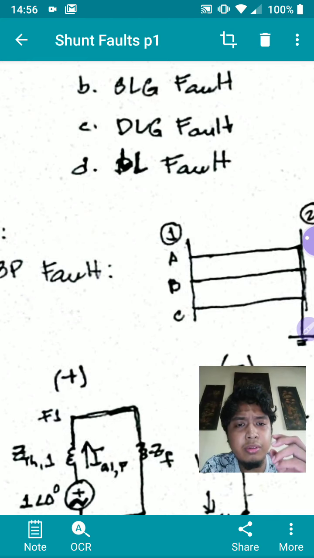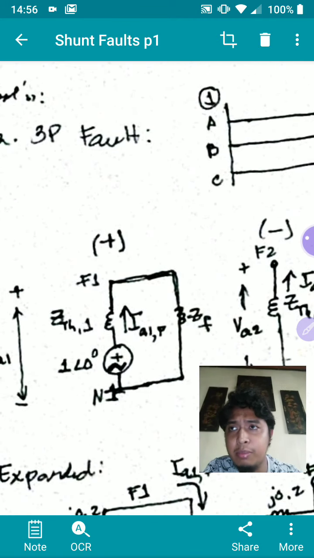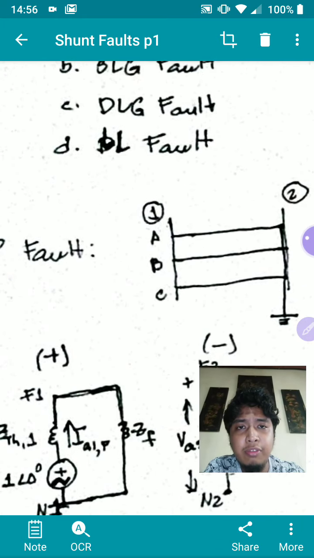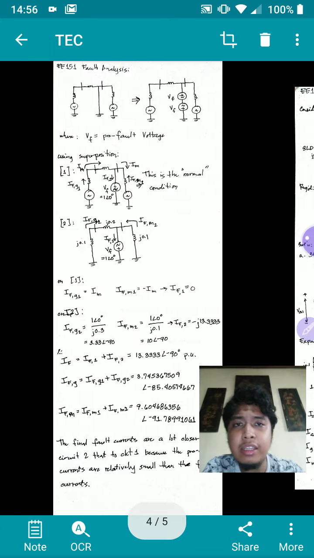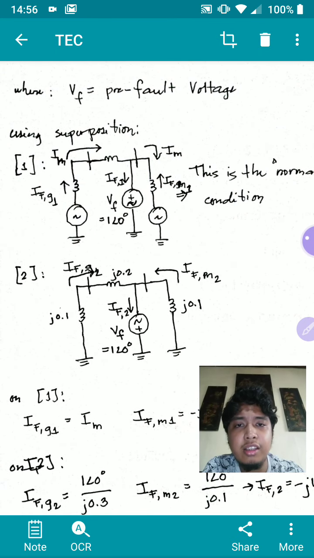I've shown the solution here for this particular example on symmetrical faults in my previous video. If you can still remember what we did before, I think I can find it here. This one. What we did before is we represented it into two different superpositions.